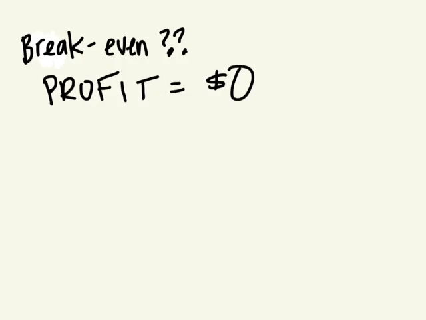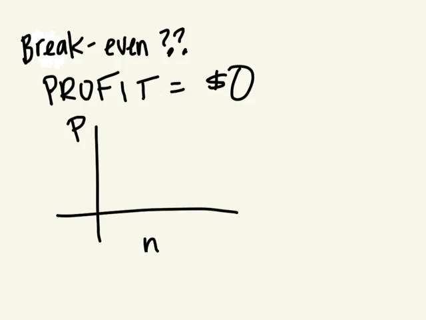The next part of this question asks, when will they break even? What do you know about break-even points? How do you know when you break even? Yep. We know that we're going to break even when the profit equals $0. When profit is nothing, it means you haven't gained any money, you haven't lost any money, you're breaking even. In this relationship, we're looking at number of tickets and profit.